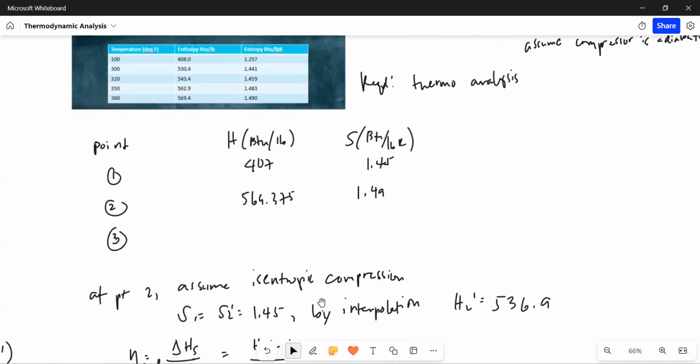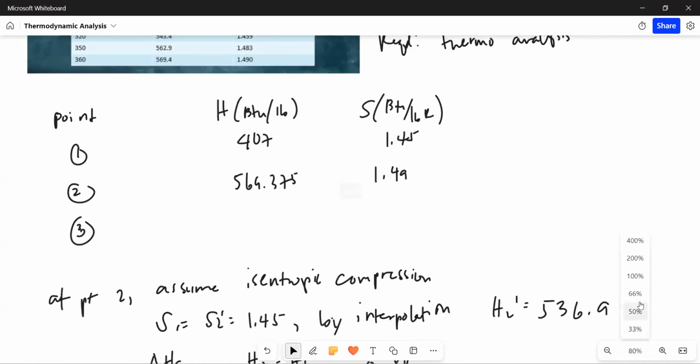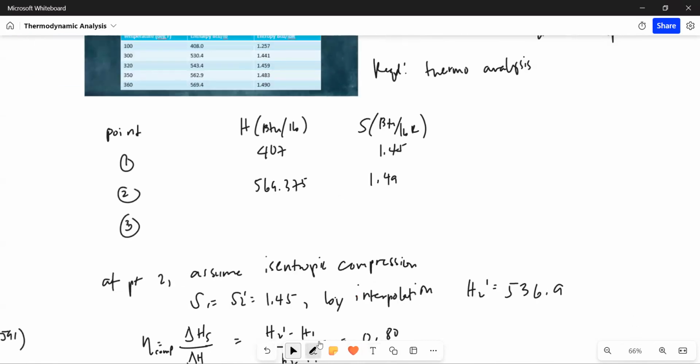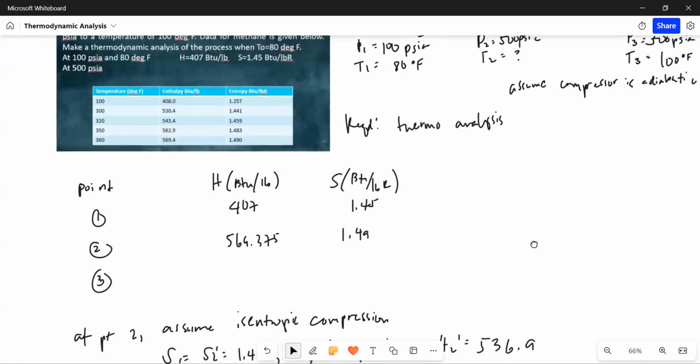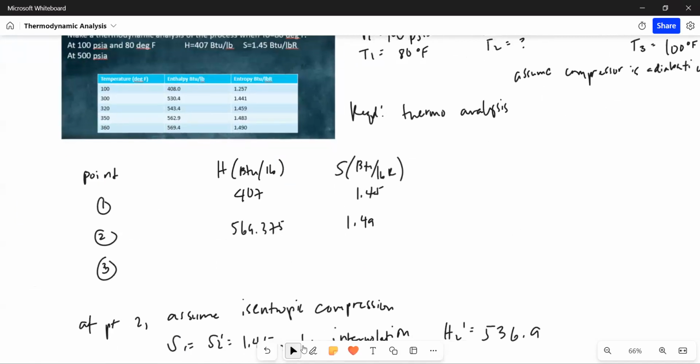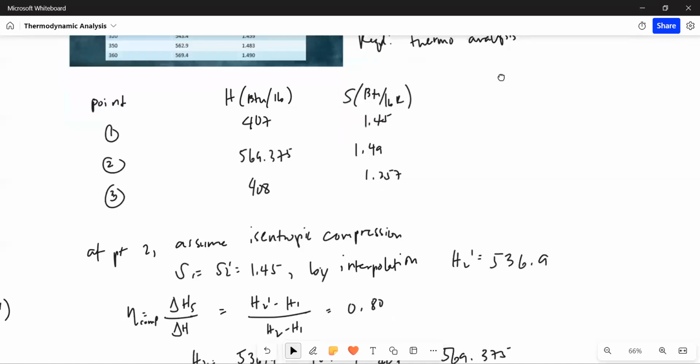Okay, so we write that from the table at P3 500, T100. Okay, this is 408. And this is 1.257.